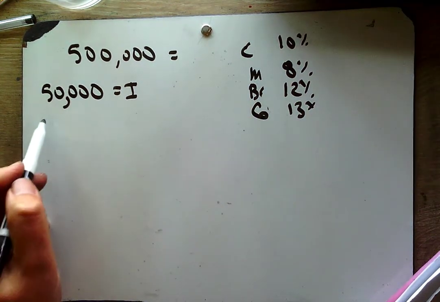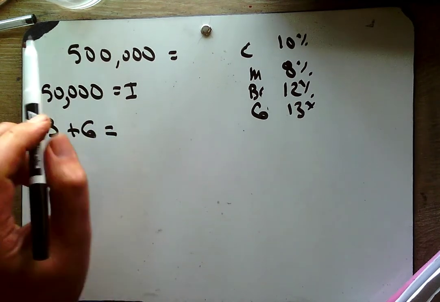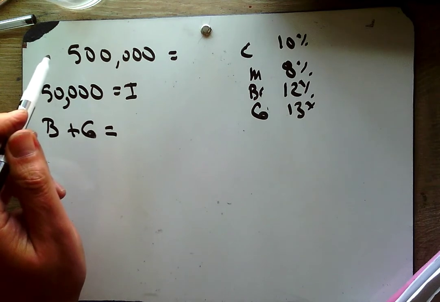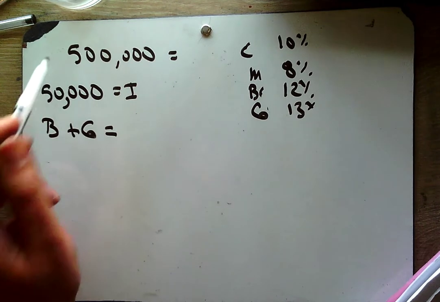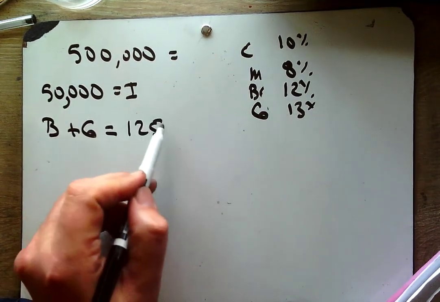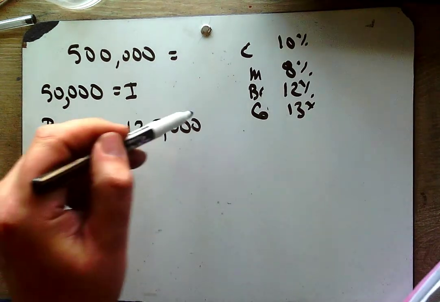So we also know that blue chip plus growth equals 1/4 of this portfolio. So 1/4 of 500,000 is 125,000. Okay, so here's one of my equations.